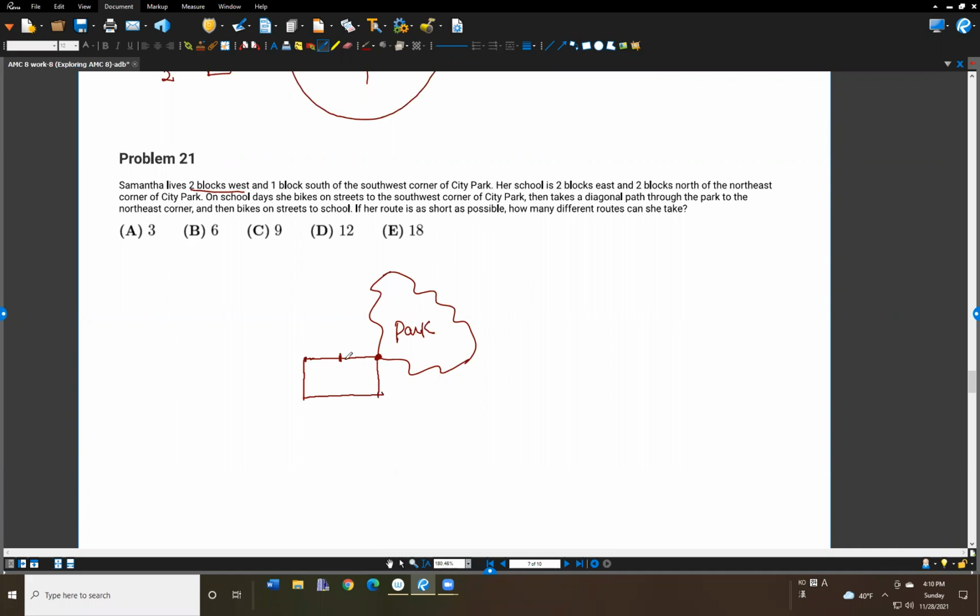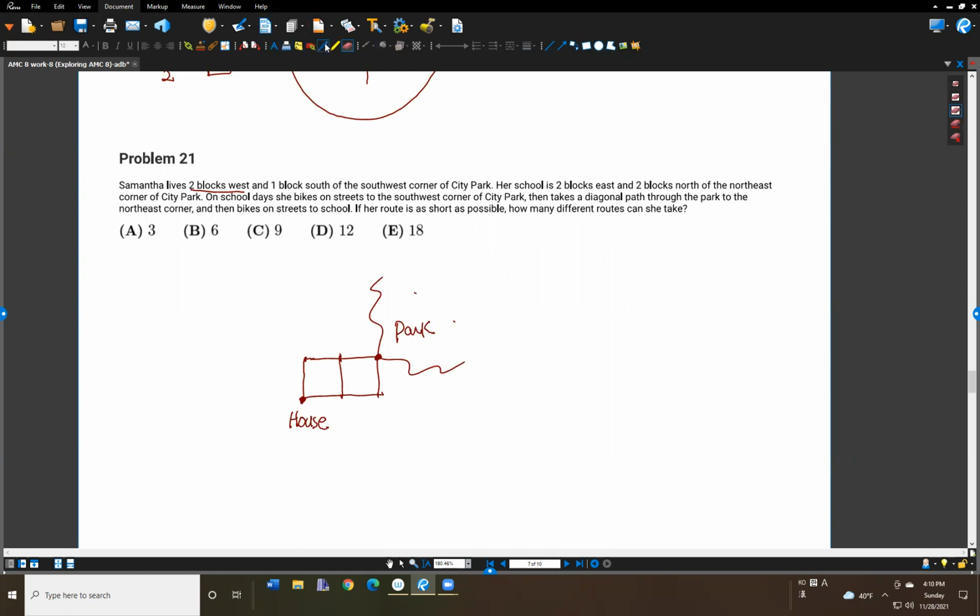It looks like this way. Someone lives here, the house. And the next one over here, northeast. It does not quite look like northeast, but anyway, it looks like northeast.